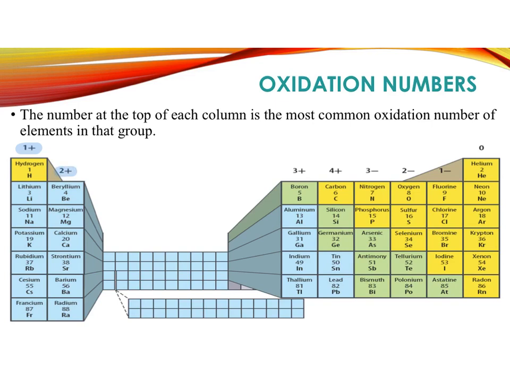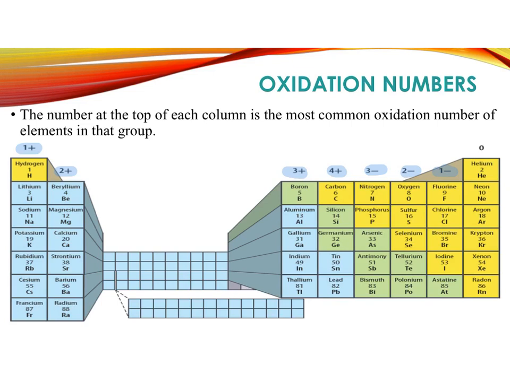And then if you skip that chunk in the middle, group number 13 is 3 plus, group number 14, 4 plus, and then after that they start to form negative ions. Group 15 is 3 minus, 16 is 2 minus, and 17 is 1 minus. Group 18 doesn't usually have oxidation numbers.